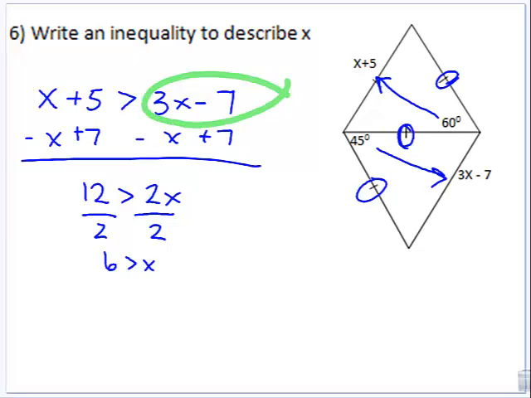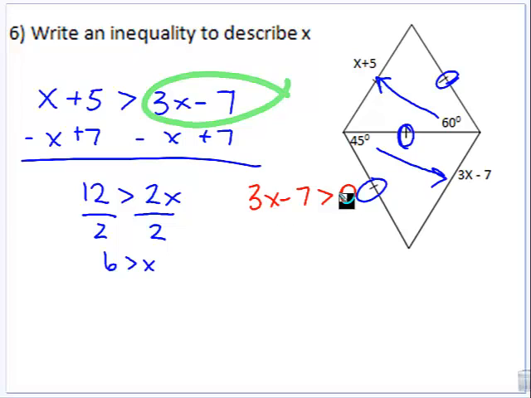We need to make sure that this one ends up being greater than 0, so we don't have a negative value. Our second equation will be 3x minus 7 is greater than 0. Could you just do the other one? No, because that one is greater than the smaller side. You're always going to use the smaller, just like we were always using the smaller angle.